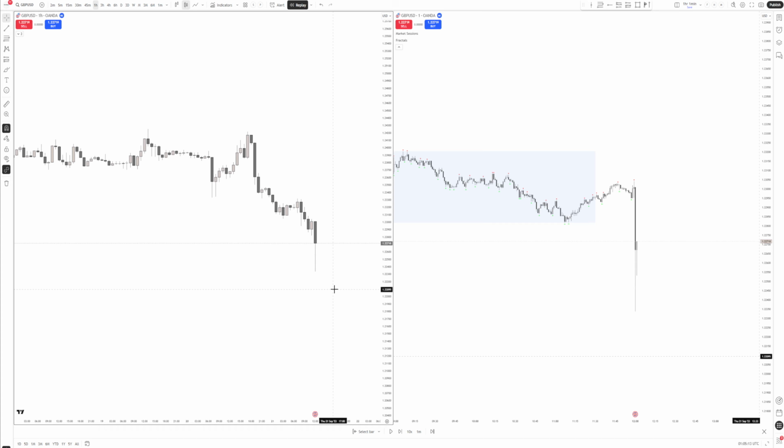Our bias is still bearish for the 1 p.m. candle that's going to be opening up. So we'll just wait and see what happens for the next candle.